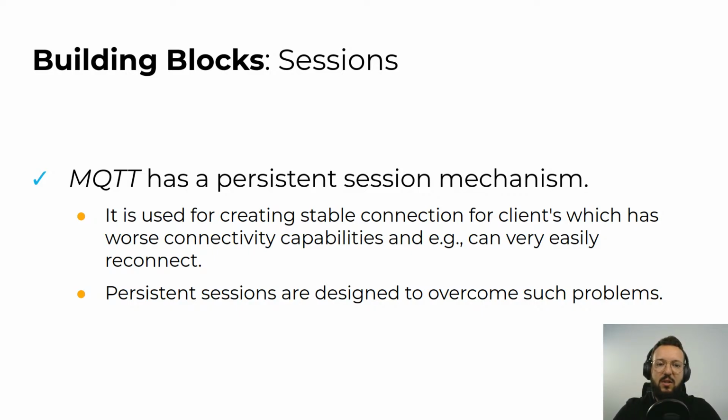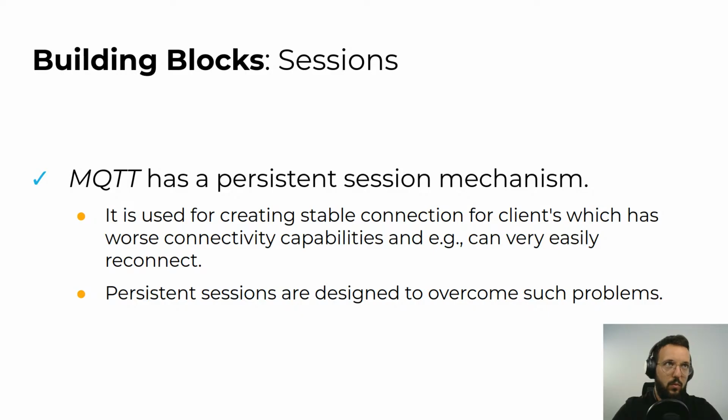Persistent sessions are designed to overcome such problems. So those sessions are actually identifiers that we can leverage to reuse and store messages on the broker side that are not delivered in that particular session. And when the client reconnects, we will basically catch up with all those messages queued on the message broker side.